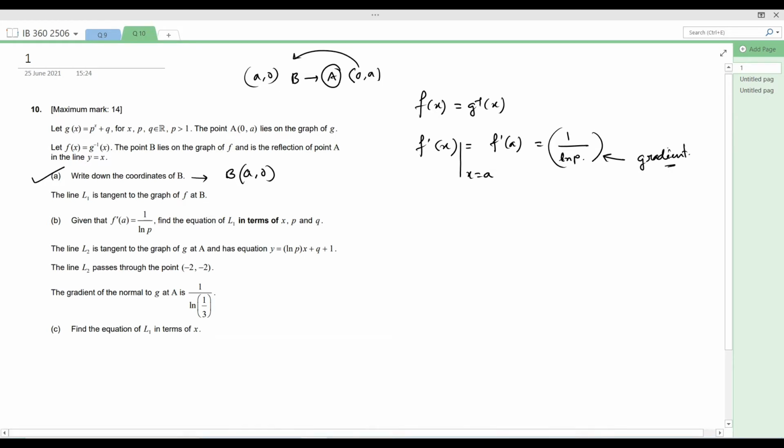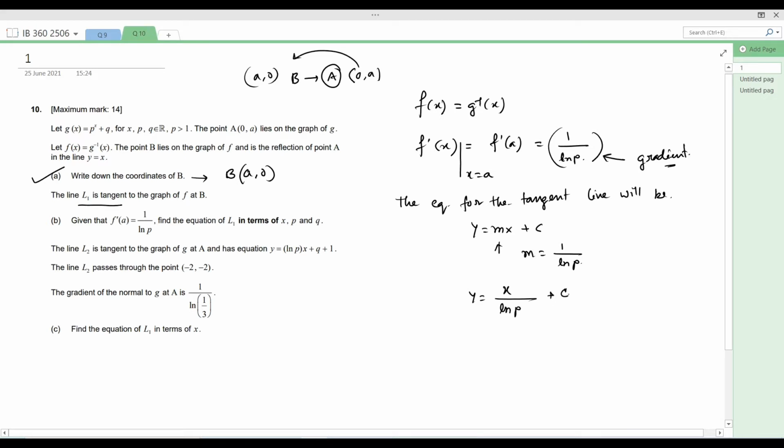So the line L1 is the tangent. The equation for the tangent line will be y = mx + c. Now the value of m is determined, m is 1 by ln p. So y = x by ln p + c.